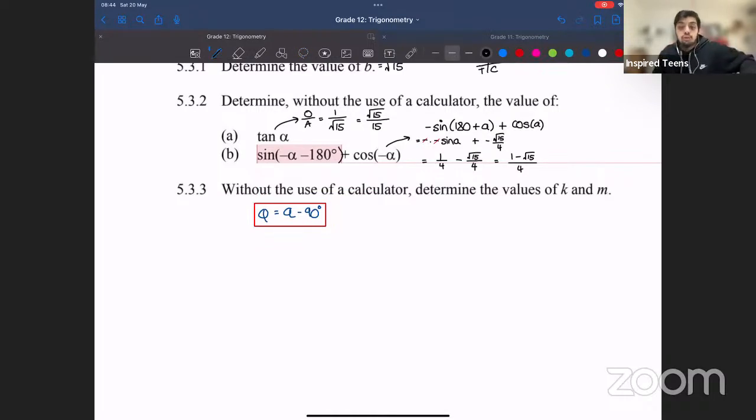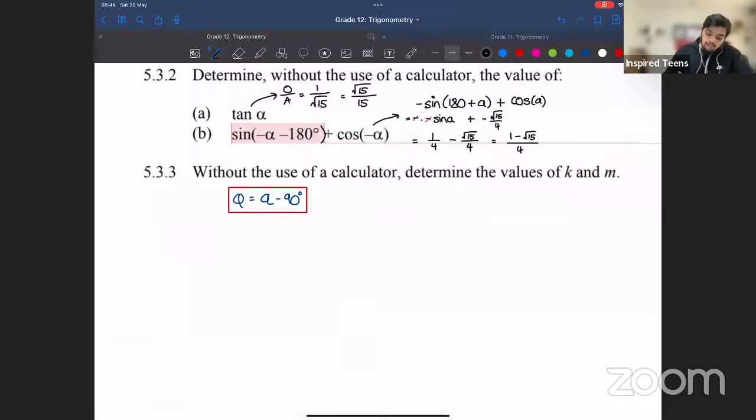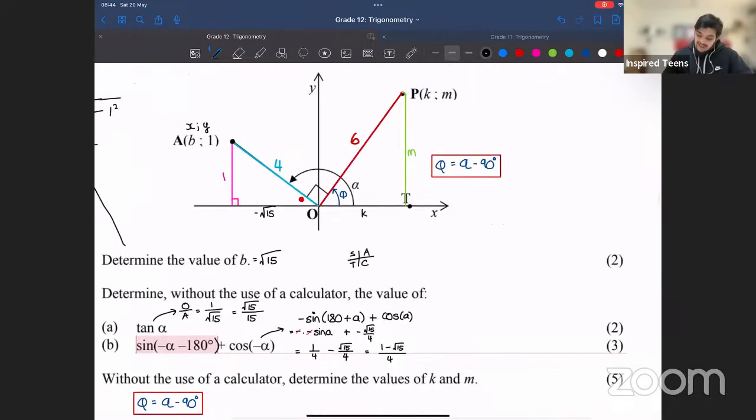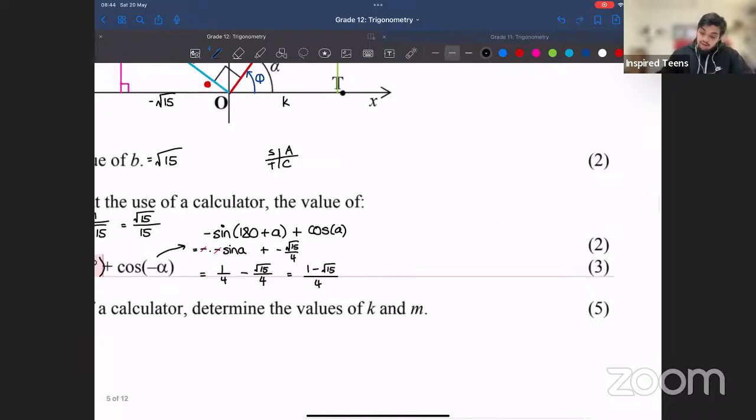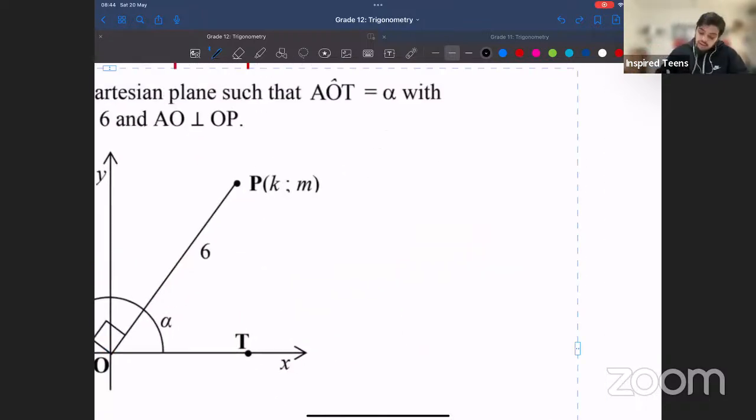The key is to understand how to relate the two angles to one another. Sometimes it might not be related to 90 degree angles; sometimes you could relate them to 180, but 180 or 90 mostly. Now let's continue. This question is slightly more complex because it's 5 marks, so let us do a trigonometric expression using theta.